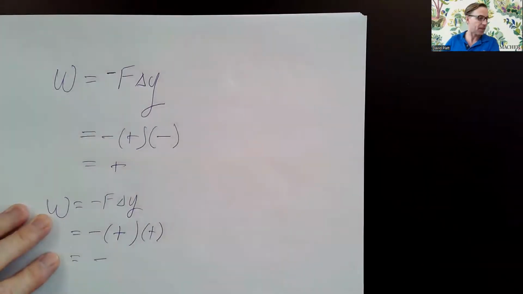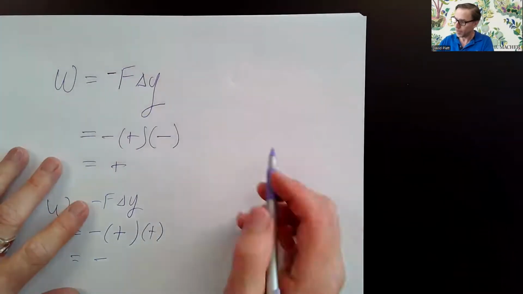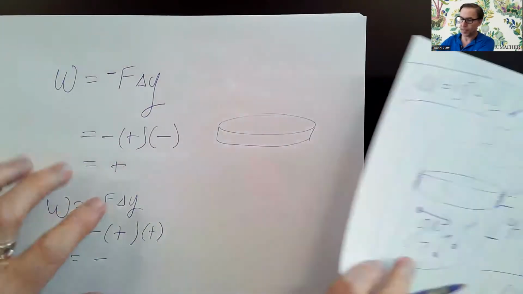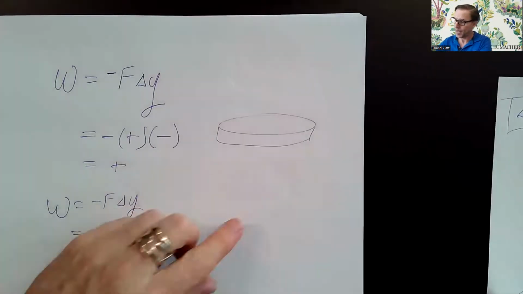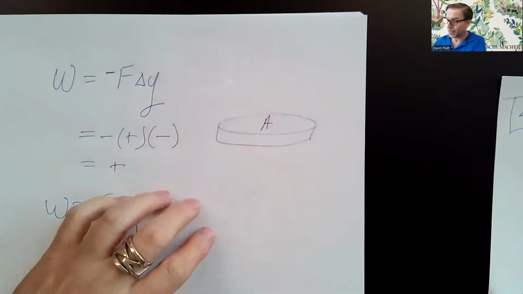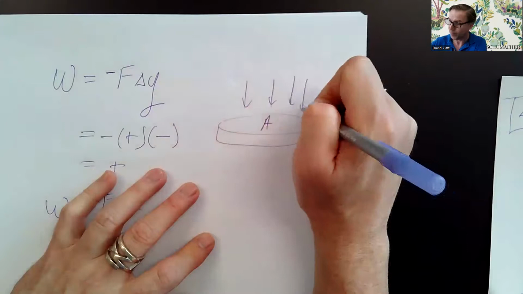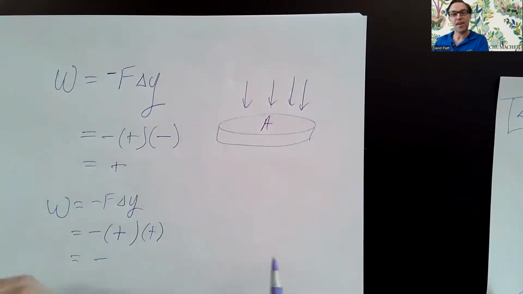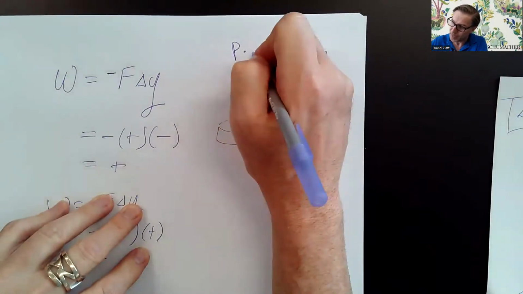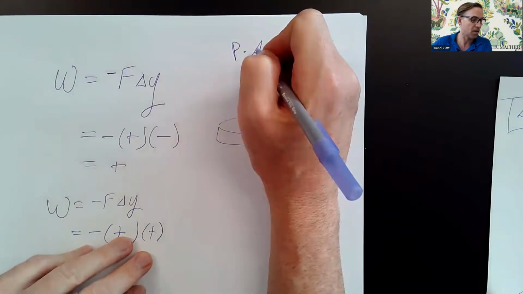Let's expand this a little bit. Here's my cylinder. So this represents the piston on the top, and this has an area here. So what I want to say is there are forces. If I have pressure times area, that is equal to force.